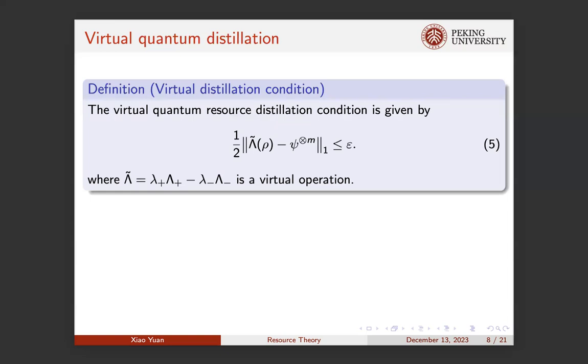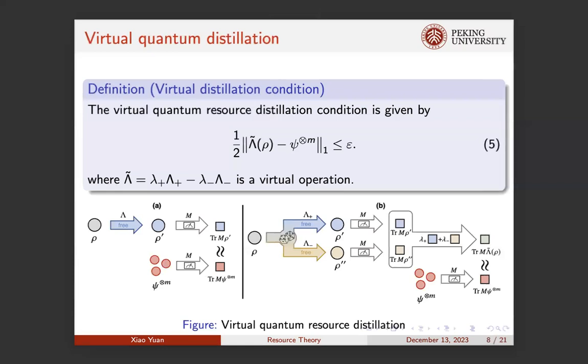It could be a linear combination of free CPTP maps. And then we require that the virtually manipulated state is close to the target state. If we just focus on the quantum state, not the measurement statistics, this is not possible. But if we focus on the measurement statistics, this becomes possible.